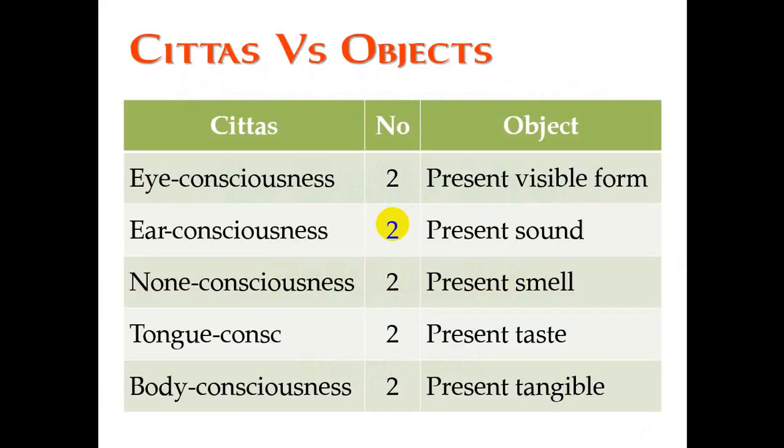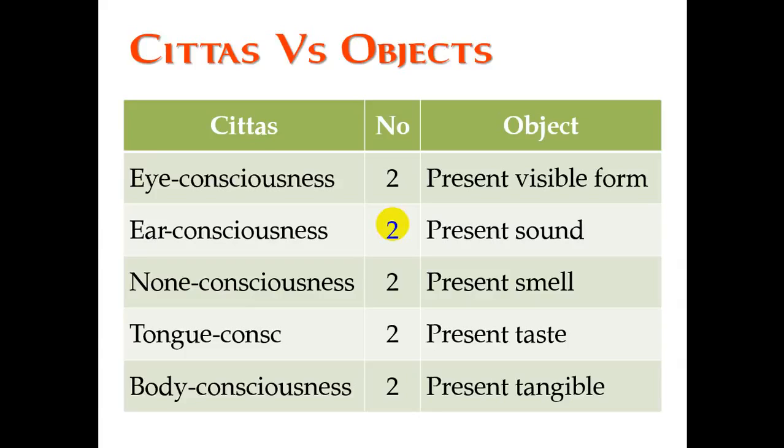So we have been learning, fifth session, right? Or the third chapter. So Chetas and objects, right? We have two types of eye consciousness. So they take present visible objects, right?